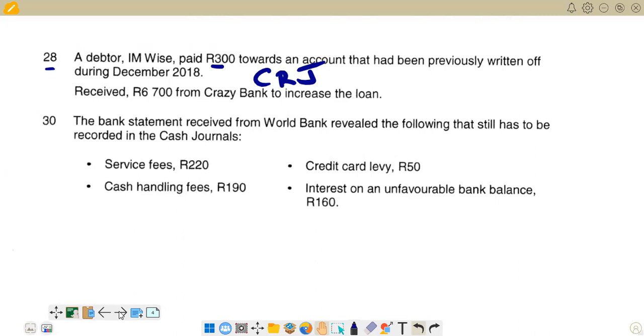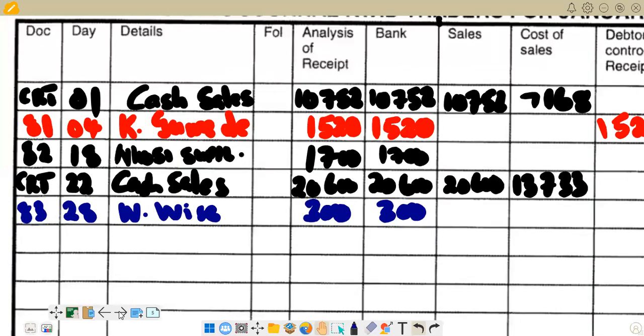So this is what we are going to do. We can go back again. We are still on the cash receipts journal. On the document part there, let's put the date we have got. This is the same date, which is 28.